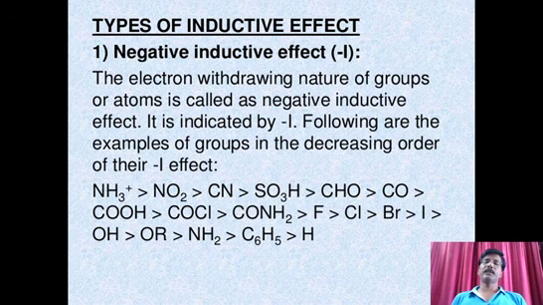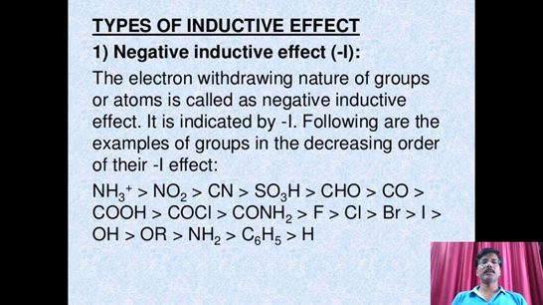Now let us try to understand the different types of inductive effect. Inductive effect is positive and negative. There are two types of inductive effect. We can simply understand the meaning of positive and negative, because we already said it is the movement, or partial shifting, of sigma electrons towards the more electronegative atom.